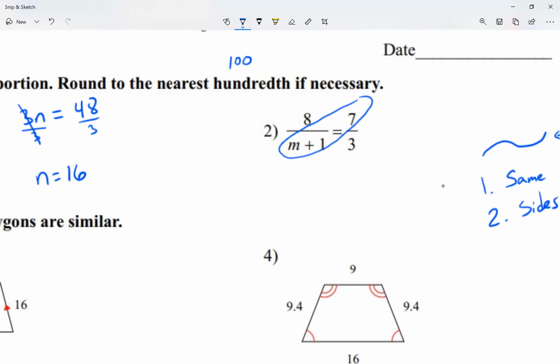So I'm going to get 7m plus 7. Remember, I went 7 times m and then 7 times 1. The number by itself has to be multiplied to both. So that's how I got 7m plus 7. It is equal to, and in this case, 8 times 3, I'm going to call that 24.